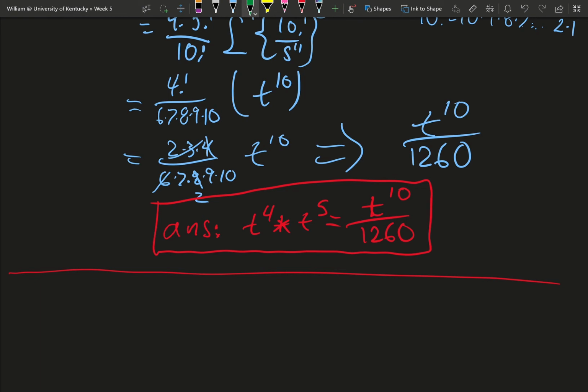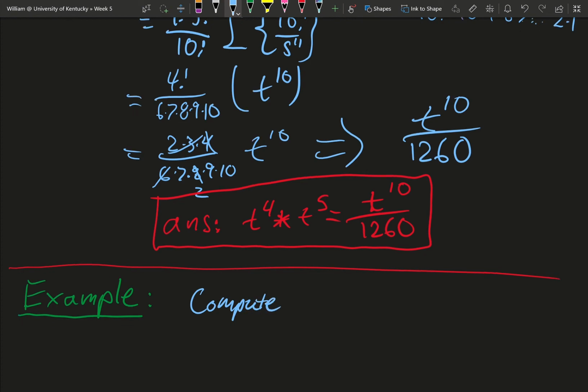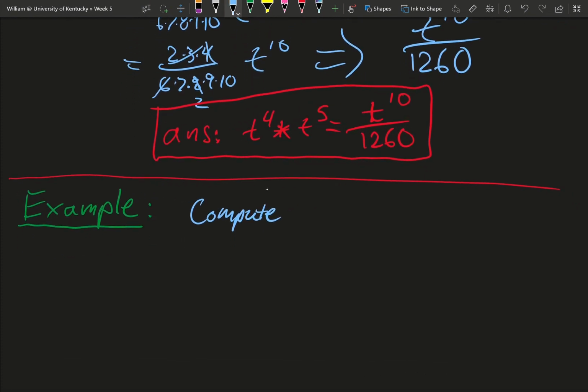I'll do one more example. Or actually, let's make this an exercise.